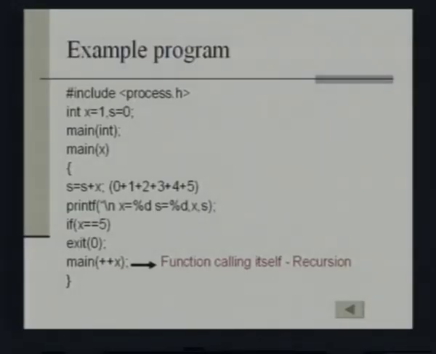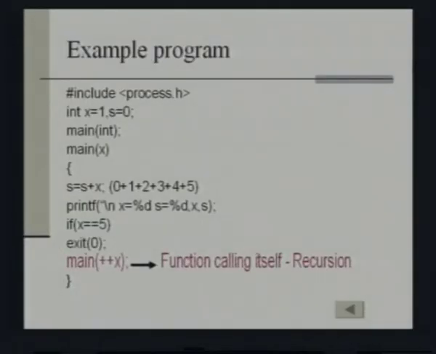This is just a small program for recursion. Here I am including the process.h file because I am using the exit of 0 function. I am declaring two variables. I am adding the values of the variables in a recursive manner. S is 0 and x is 1. So 0 plus 1 plus 2 plus 3 plus 4 plus 5, and I am printing the value each time. As soon as x reaches 5, I use the exit function to get out of the main function.